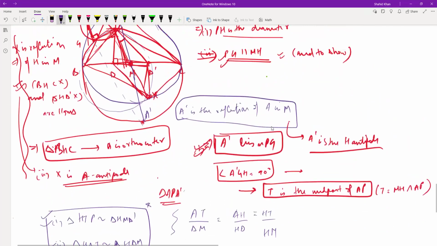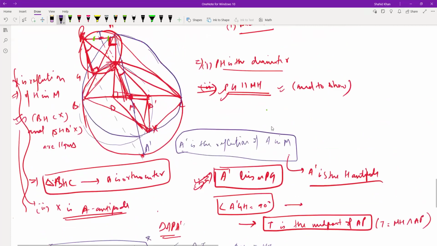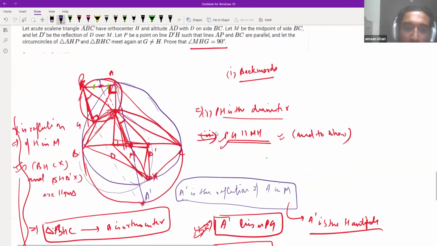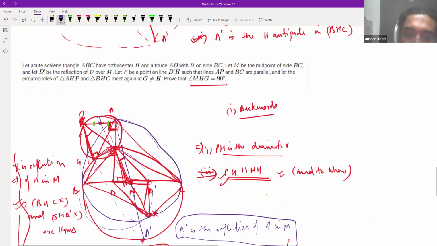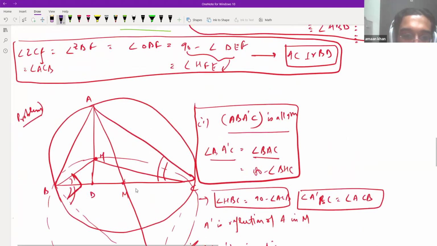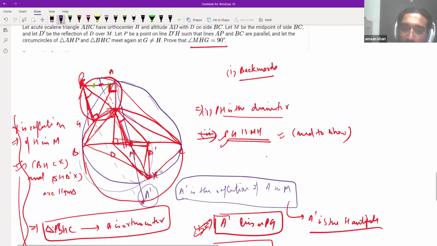If we had seen this problem without knowing the lemma you mentioned before, it would have been very hard to even guess to bring A dash into the picture in the first place.